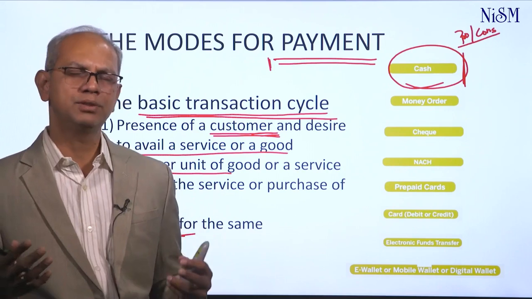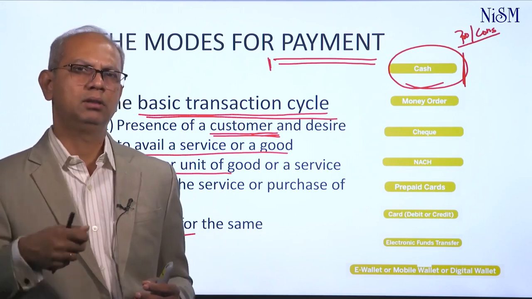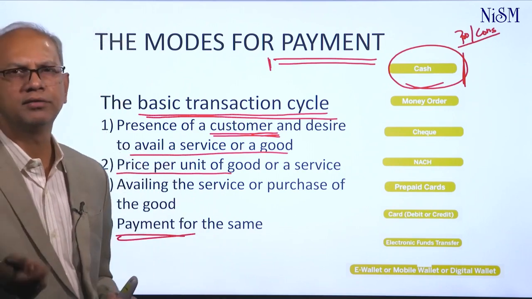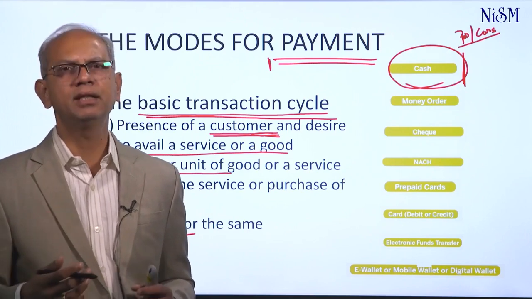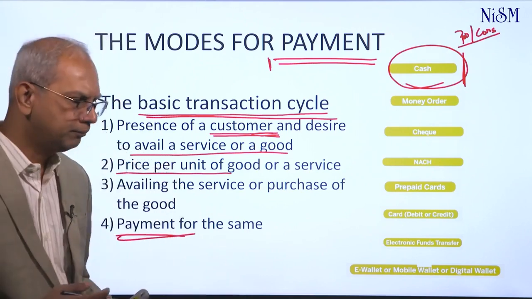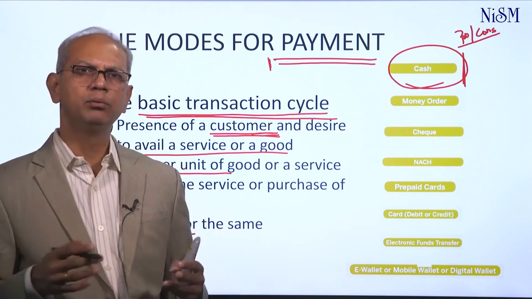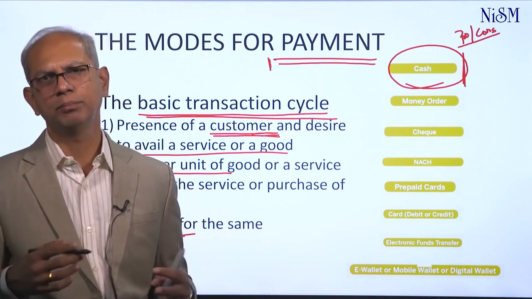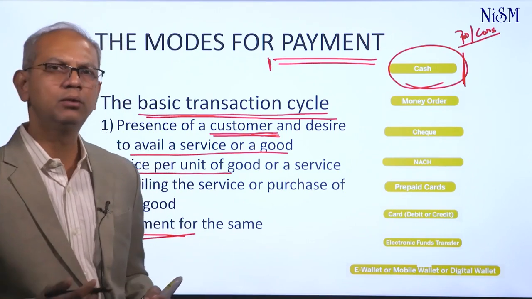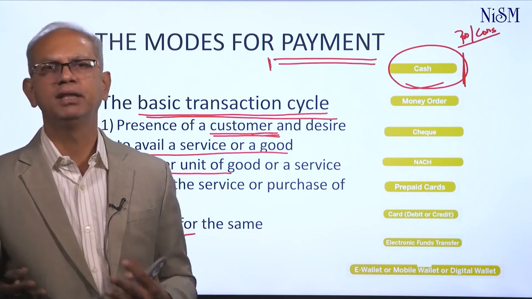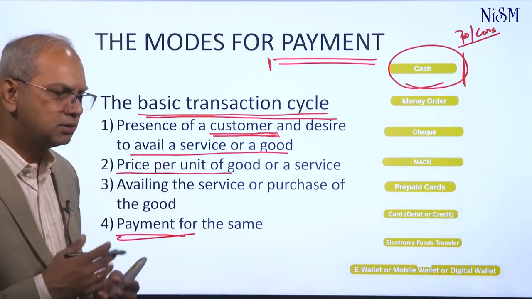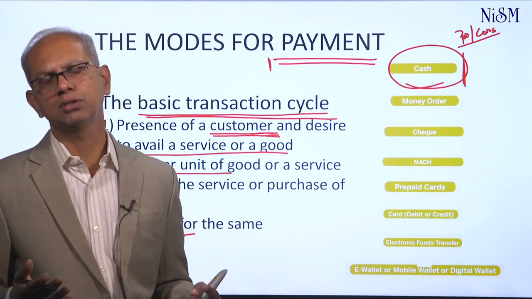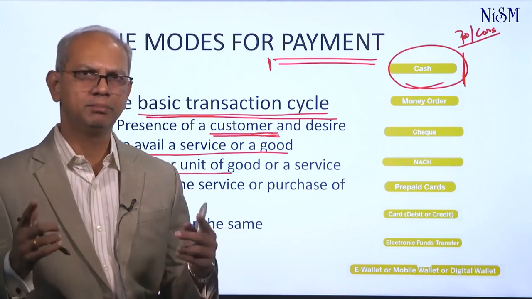It's not rare to see people flipping out a couple of bundles of cash and paying at the counter. But where it really gets tricky in today's world is where the price per unit of white goods is upwards of 50,000 or 1 lakh. Certain smartphones and tablets cost above 1 lakh of rupees per unit.